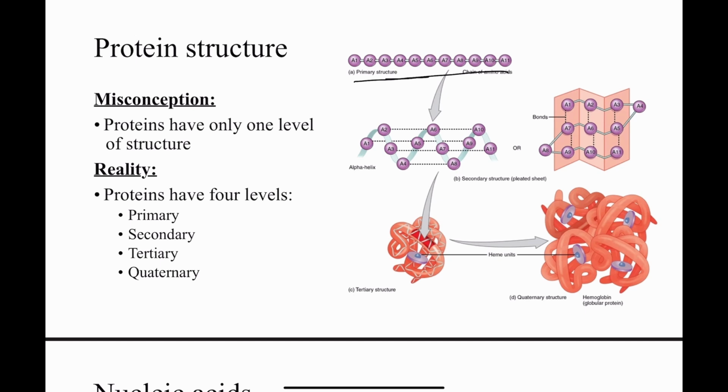That linear representation of proteins is used because it highlights the primary structure of our proteins. And remember that the primary structure of proteins is just the order of amino acids in a chain.